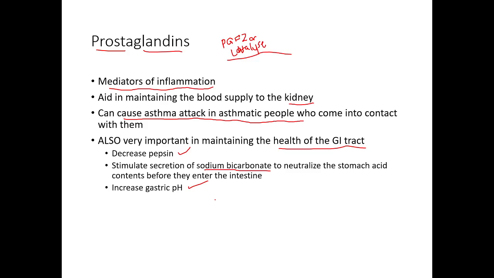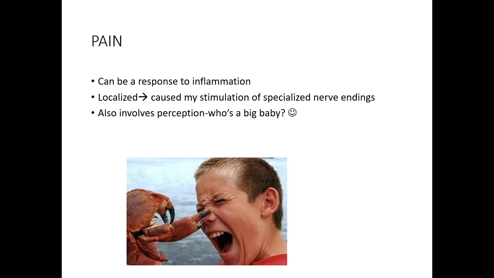So all of these things help with the health of the GI tract. So if we're stopping the prostaglandins, then those protective mechanisms go away. Pain can be a response to inflammation.